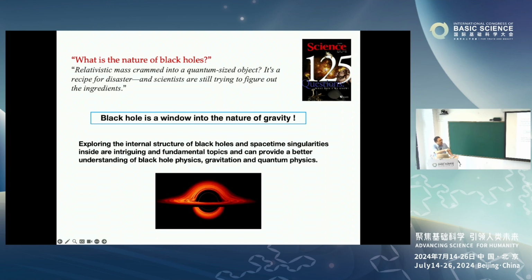But we believe that the black hole is the window to the nature of gravity. In my topic, I mainly focus on the internal structure of black holes, because exploring the internal structure and the spacetime singularities are very interesting and fundamental topics. It can provide a better understanding of black hole physics, gravitation, and even quantum physics.